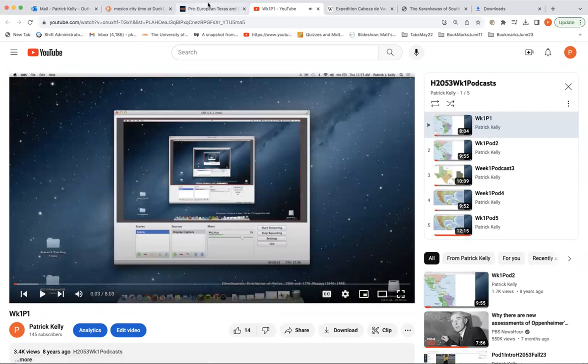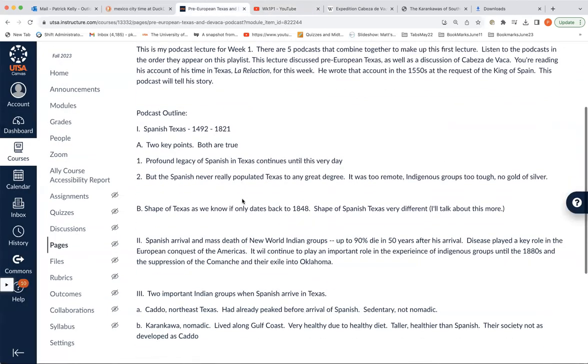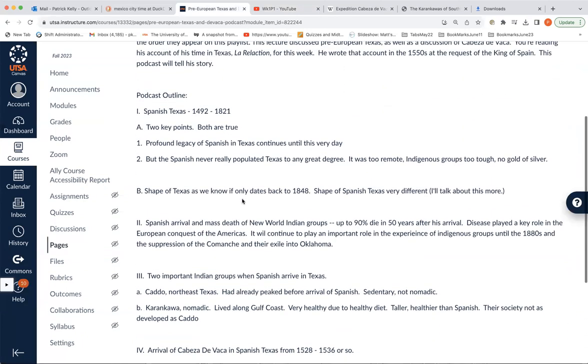Let's go back here. The key point here is to take a look at the outline that I post underneath each podcast. I feel very comfortable testing you on everything that's in an outline that I give. That's where I signal you the names and the dates that you need to know. So if you see a name and a date in the outline, know it, because I'm quite comfortable testing you on anything that I put on an outline.